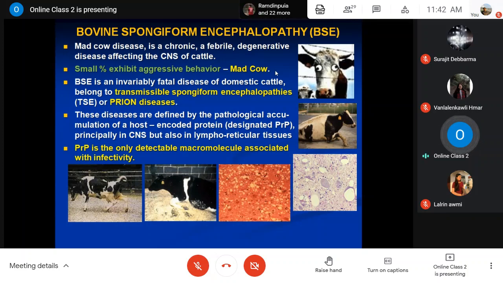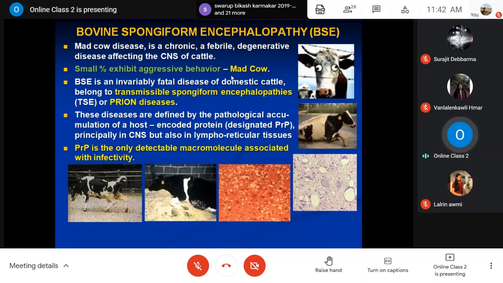So this is a highly fatal disease condition of domestic cattle, belonging to the group of diseases known as transmissible spongiform encephalopathies. It is a group of diseases caused by prions, commonly known as prion diseases. These diseases are defined by the pathological accumulation of a host-encoded protein designated PrP, principally in the central nervous system or sometimes in lymphoreticular tissues.